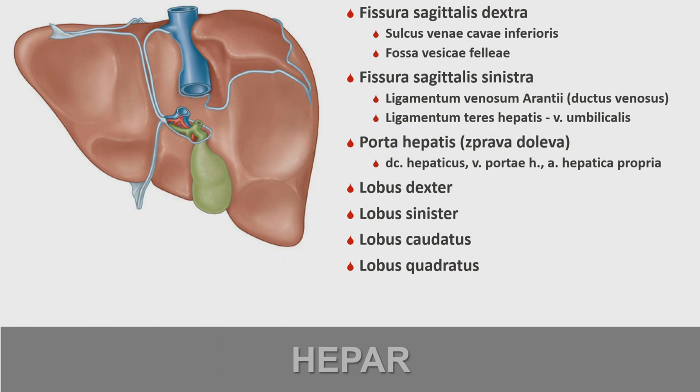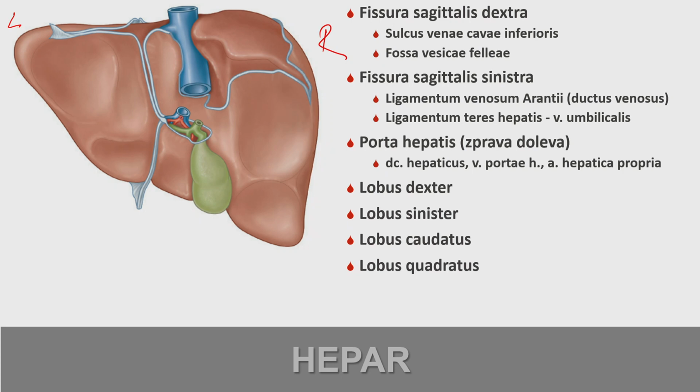So liver, in Latin hepar, could be divided in some sectors. This is the view which is from below and dorsal. So here we have a right and here left part of a liver.